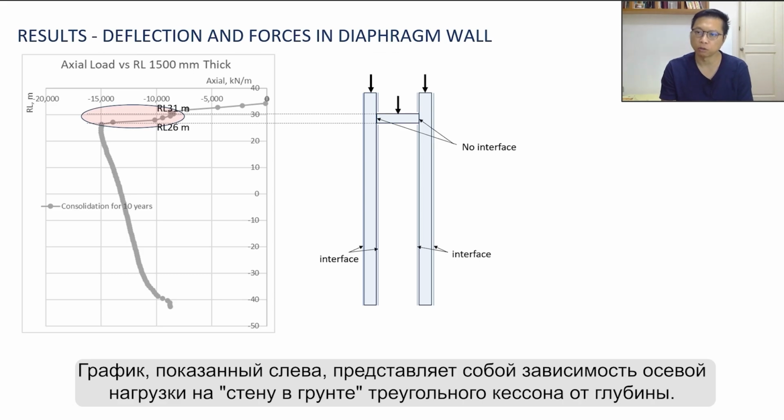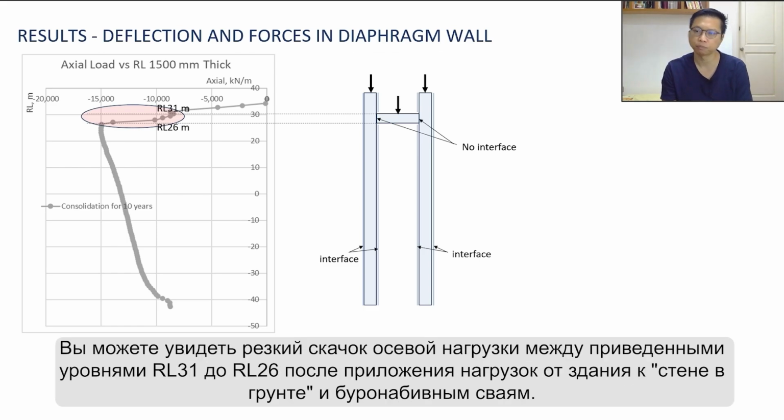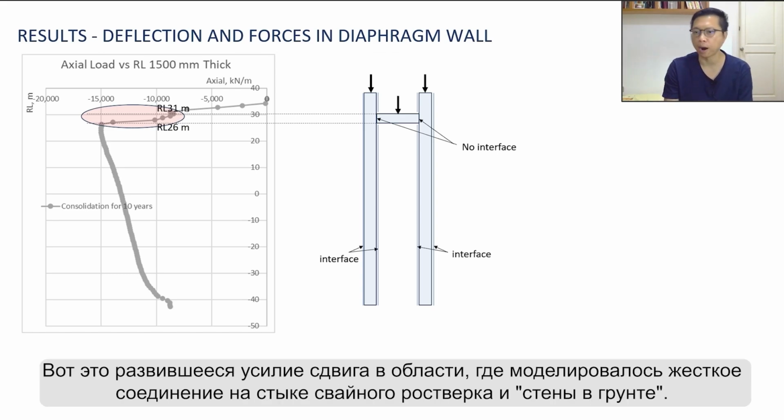The graph on your left is a plot of axial load in the triangle diaphragm wall against depth. You can see there is a sudden jump of axial load from RL31 to RL26 after the building loads are imposed onto the diaphragm wall and the bore piles.